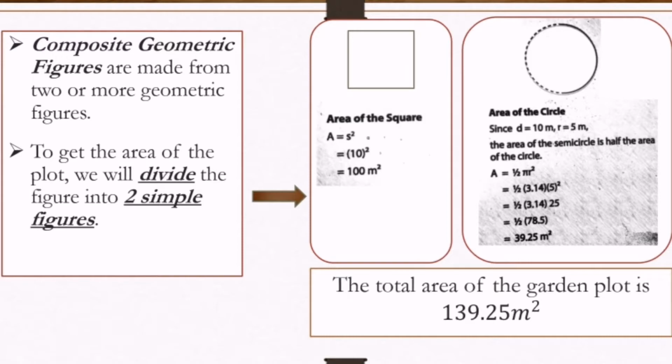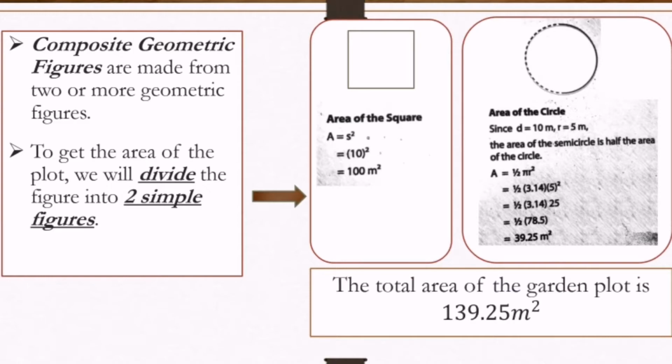And for the area of the circle, since the diameter is equal to 10 meters and the radius is 5 meters, the area of the semicircle is half the area of the circle. Therefore, the formula here is area equals 1/2 πr squared. As you can see, we have 39.25 meters squared for the area of the semicircle.